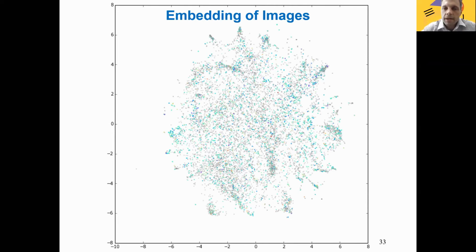We take a big neural network called VGG, and we train this neural network to classify images into different classes, such that we can classify what object is in the image, whether it is a cat or dog or tree or something else.